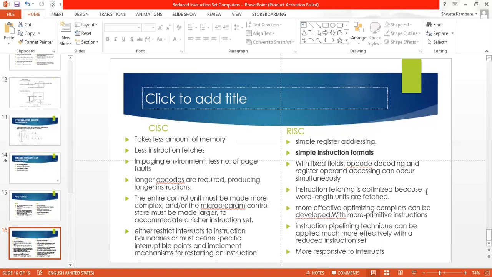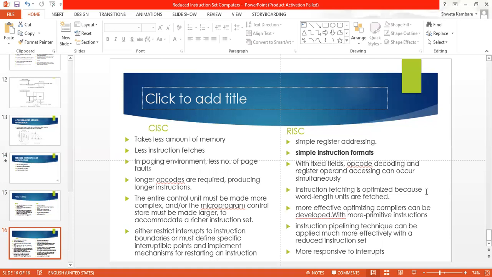And this RISC architecture is more responsive to interrupts. So if a RISC instruction is getting executed and an interrupt occurs, then you can just stop the instruction execution, first handle the interrupt, and come back to your current instruction execution, and that will be easier in case of RISC.